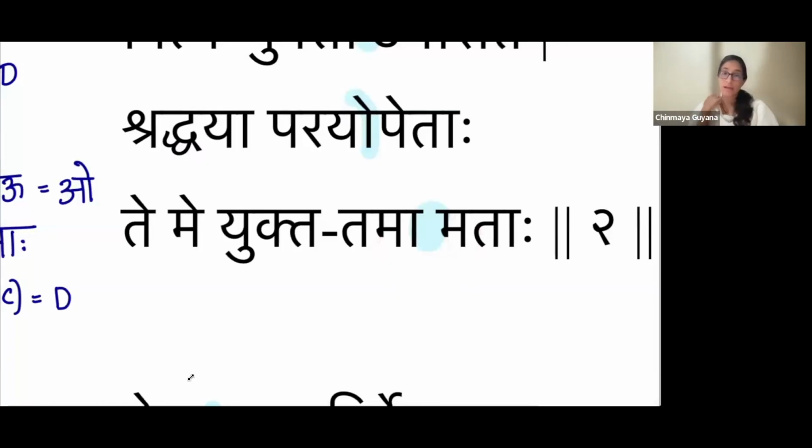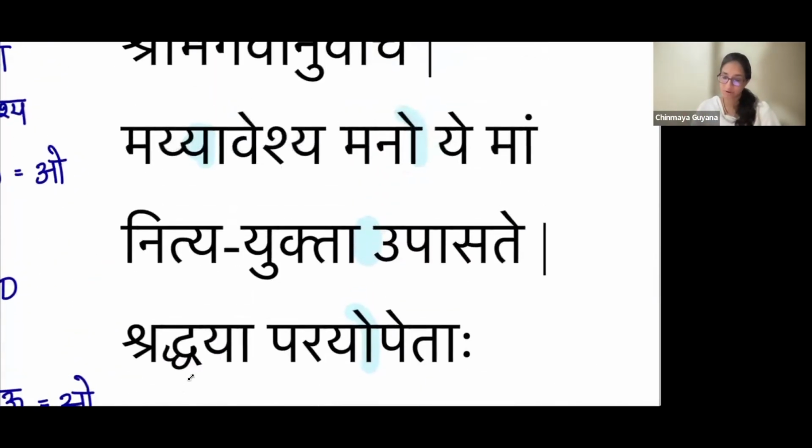Why did they not just put the visarga? Because the rule is, it's a sandhi rule. When you have an aha followed by a soft consonant, the visarga is supposed to drop. And we do say the visarga in chanting. We just say it like a very slight sound.